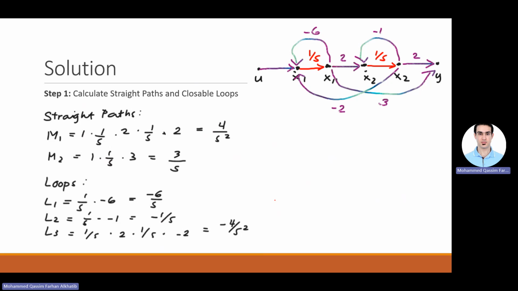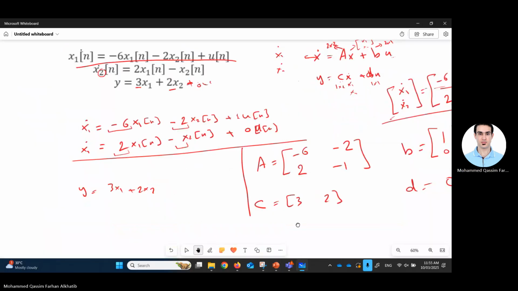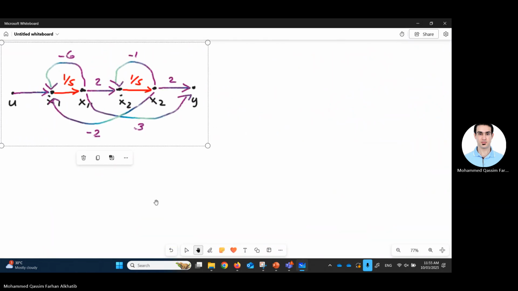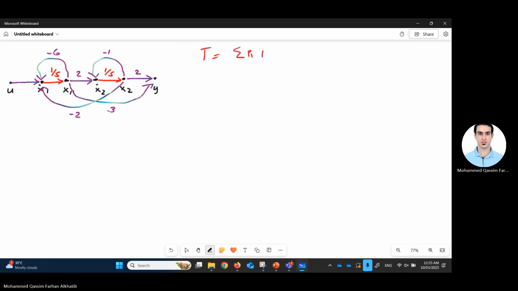All right. So for this particular example, let's solve it. So the expression is as follows: T, or the transfer function, equals summation of Pi delta i over big delta, and we said i equals 1 to n.